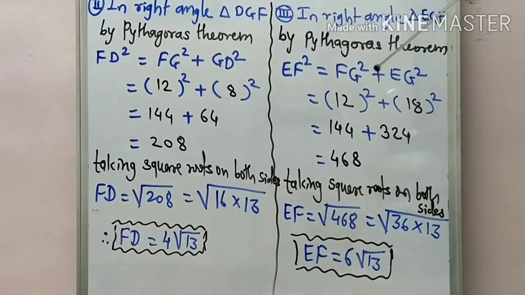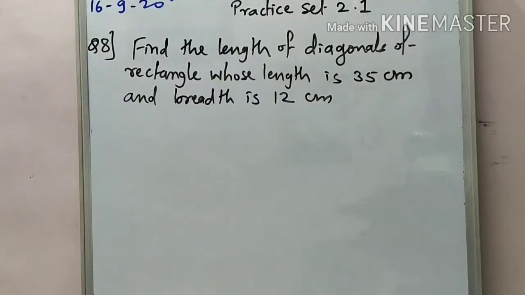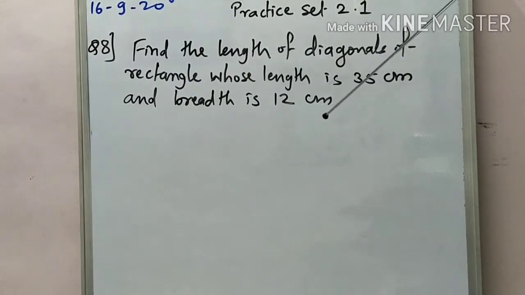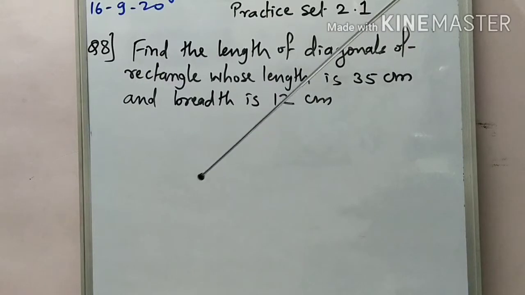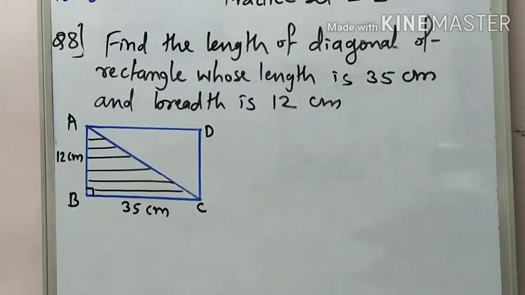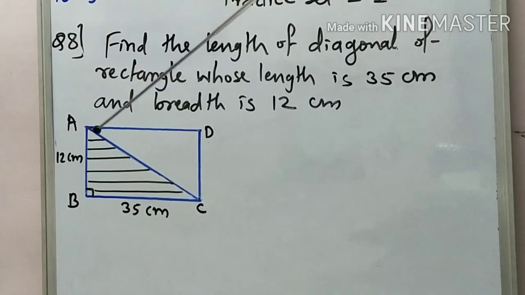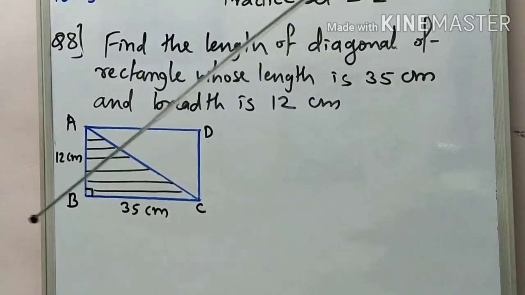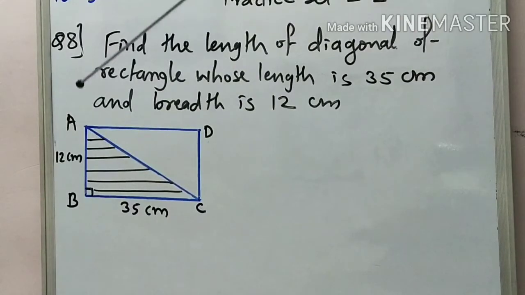Okay, students. Now in the 8th example, find the length of the diagonals of a rectangle whose length is 35 centimeter and breadth is 12 centimeter. So first what we do here, students, we draw the figure of what? A rectangle and its diagonal first. So here I draw that rectangle, name it ABCD, whose length is 35 centimeter and breadth is 12 centimeter.